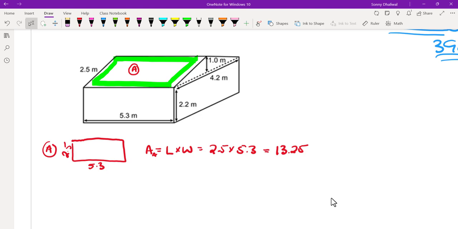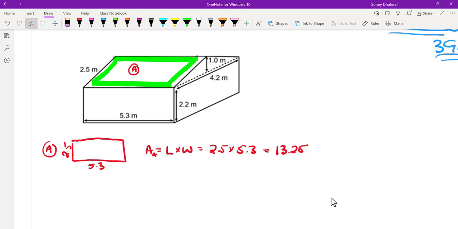Then we looked ahead to save ourselves some work. Do I need to repeat this calculation again? Does this shape repeat itself anywhere else? The bottom? The very bottom would also be a rectangle, but it wouldn't be the same rectangle. On the very bottom, it'd be 5.3 going this way, but 4.2 going this way. Why?